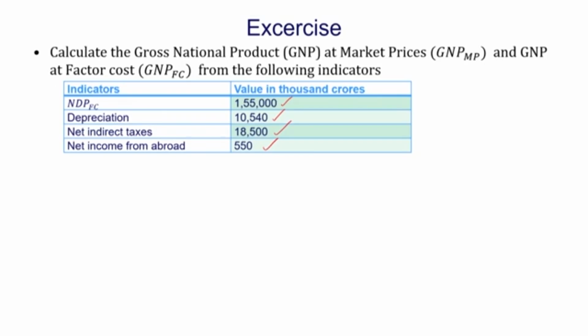From this, how do we calculate GNP at market prices? Let us make the concept very clear. You need to go through systematically what each and every concept means. Then based on this table, you need to see which data are relevant to your calculation.